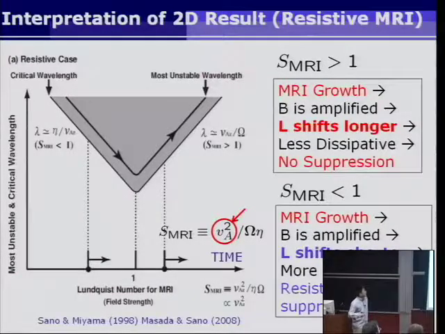On the other hand, if initially the Lundquist number is less than unity, then as the MRI grows, B is amplified and the scale goes smaller, which means it goes to a more dissipative system. So that's why at some level the resistivity could suppress the MRI, and why the critical number in the resistive case is unity.